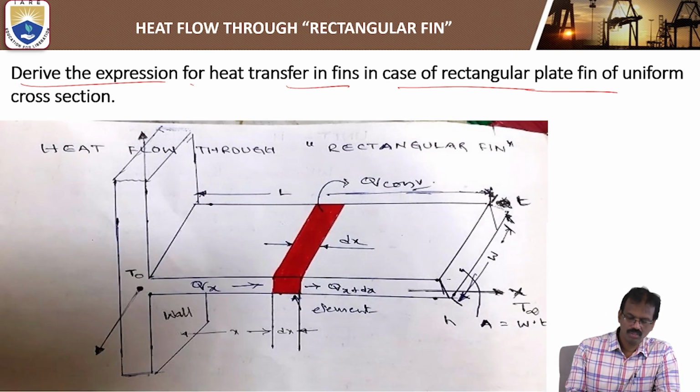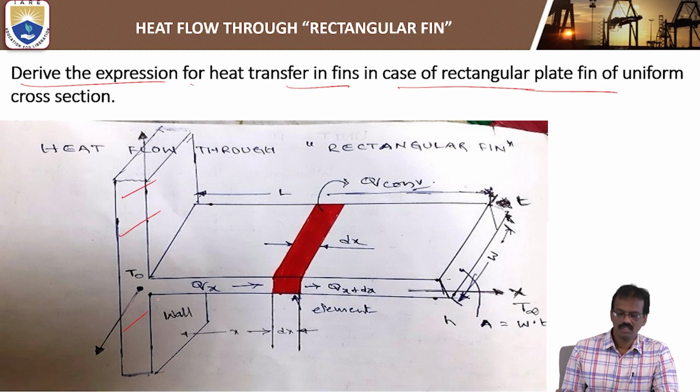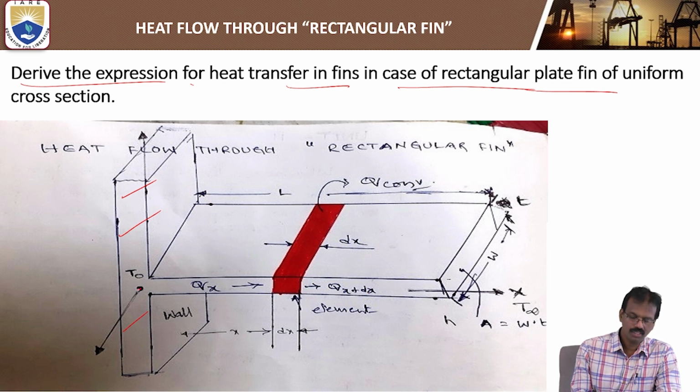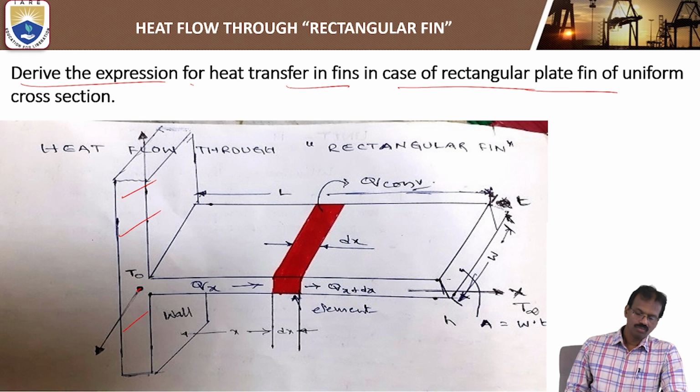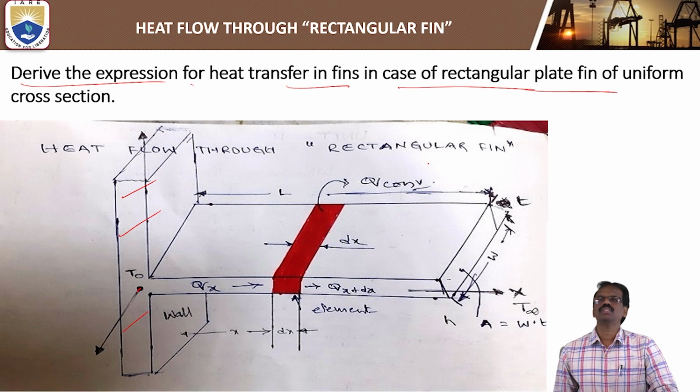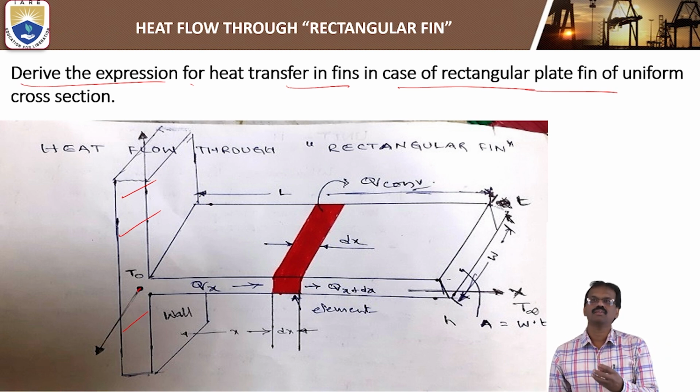This is a rectangular fin attached to the main surface of an engine, and the surface temperature of the engine or any body is T naught. Initially we'll consider a small rectangular elemental area, derive the formula for that small elemental area, and then integrate it.